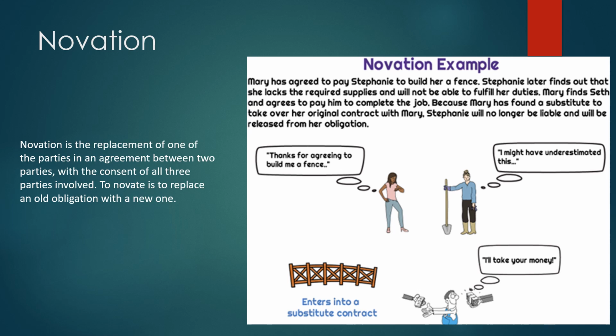So Mary now has found a substitute to which Stephanie agrees. And Seth says, hey, I'll do it. So in this case, Stephanie doesn't have to worry about it. She's no longer liable because there is a novation. There's a new contract between Seth and Mary.